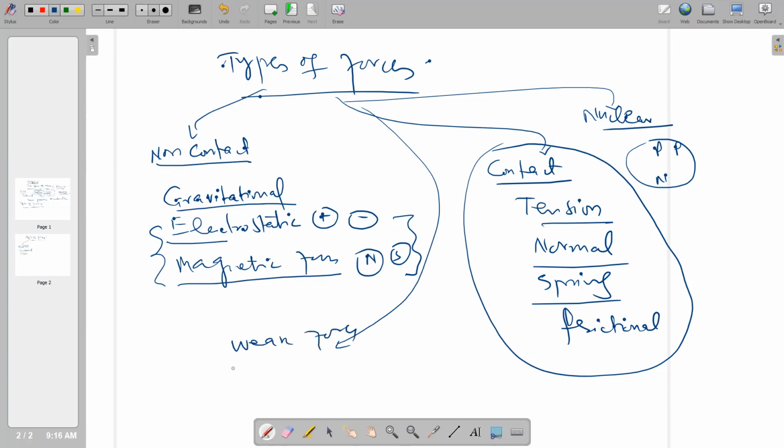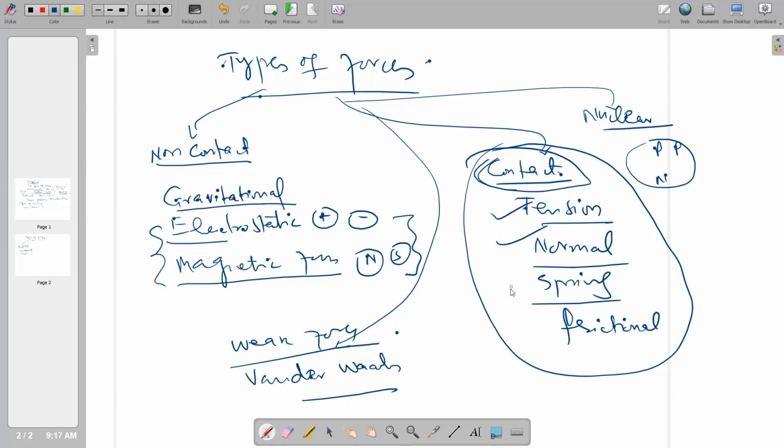Weak force we normally discuss in chemistry, like van der Waals forces. Van der Waals forces we discuss in chemistry between the molecules in liquids. So our target is only the contact forces in this chapter.